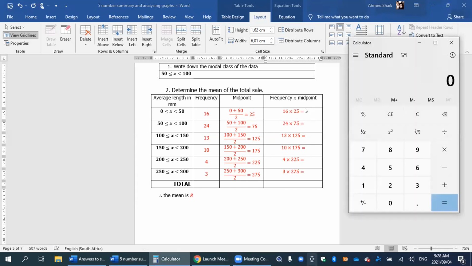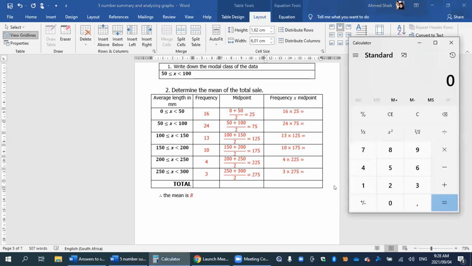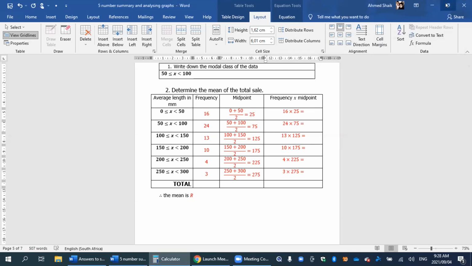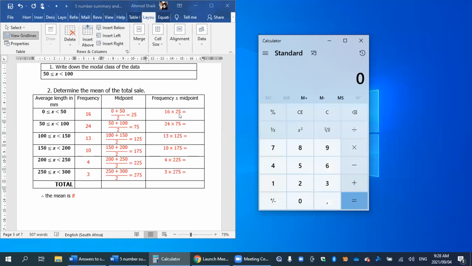Let's work out our frequency times midpoint answers. So our first calculation is going to be 16 times 25, and that gives us a frequency times midpoint answer of 400.